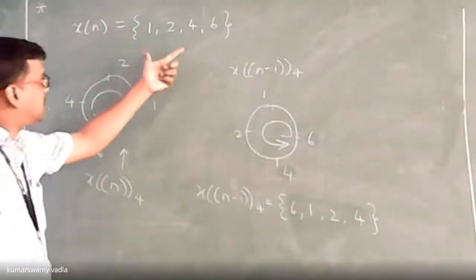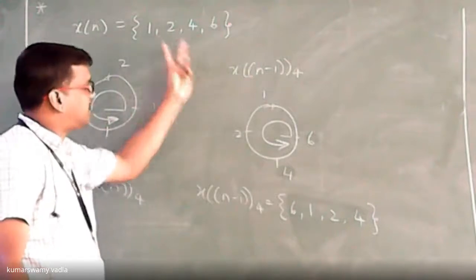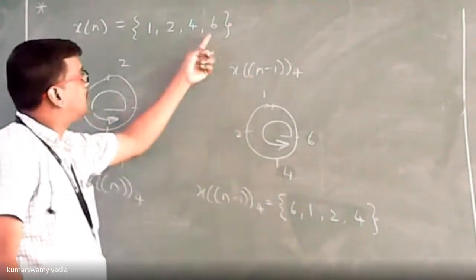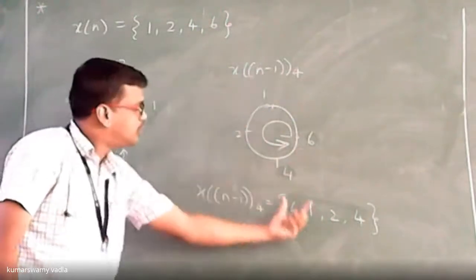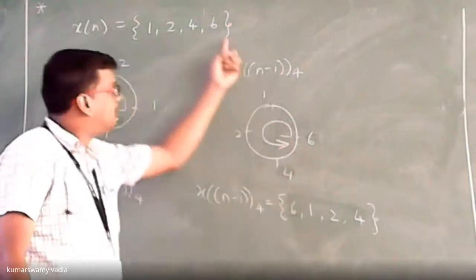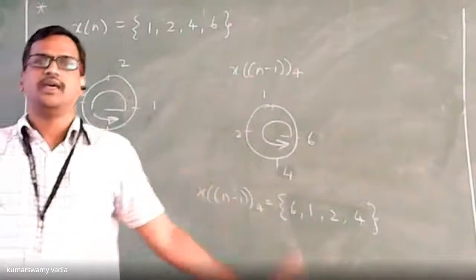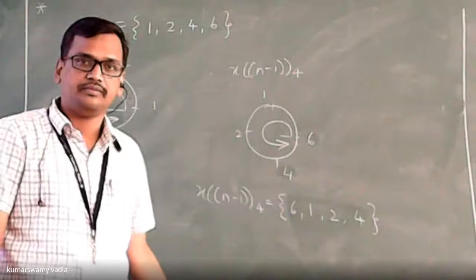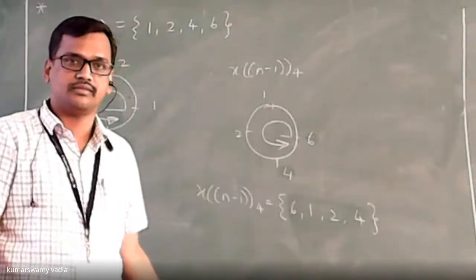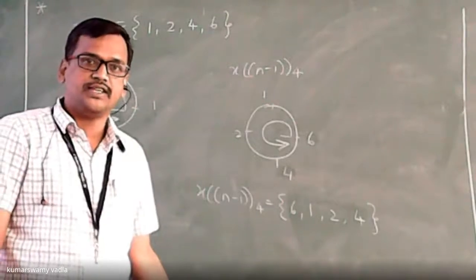Given this sequence, if you are delaying it, you rotate anti-clockwise, or to the left-hand side. So for x of n minus 1, 6 has come over here, then 1, 2, 4. Is this point clear as we discussed in the last class, students? Yes, sir.